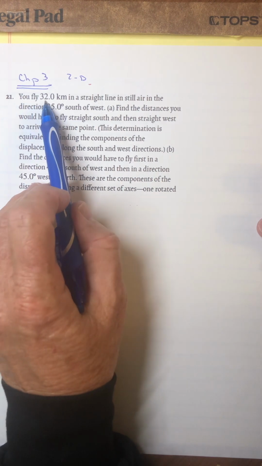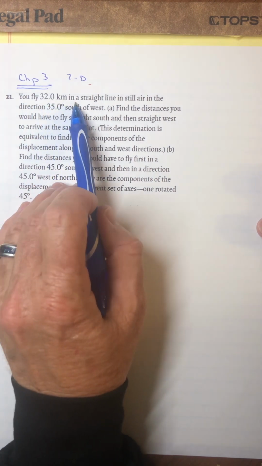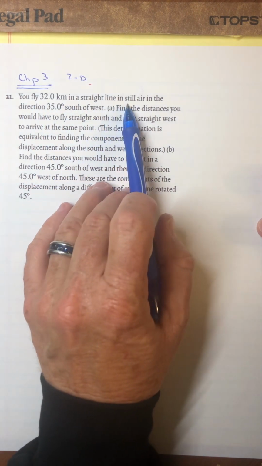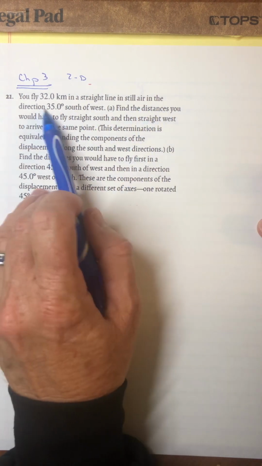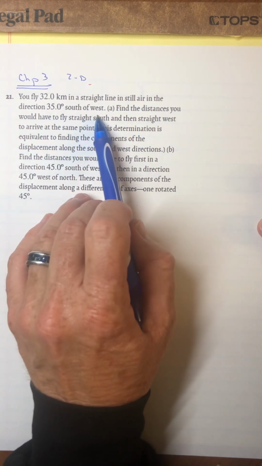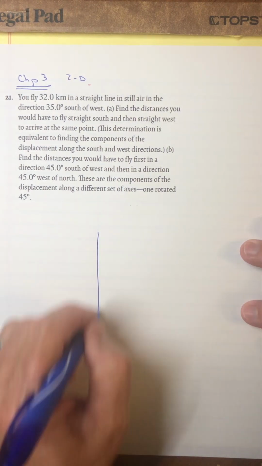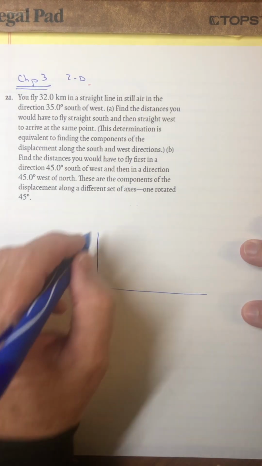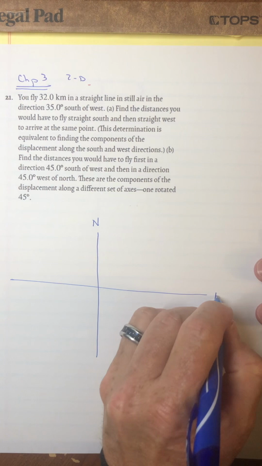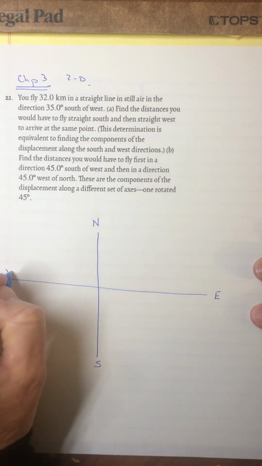It says you fly 32.0 kilometers in a straight line in still air in a direction of 35 degrees south of west. Well, let me start by making a little compass rose here. Let's see, never eat soggy waffles.